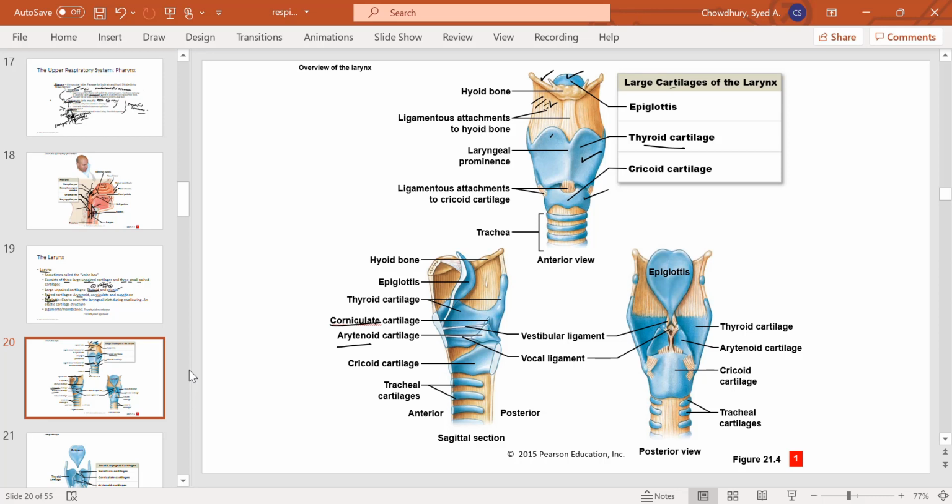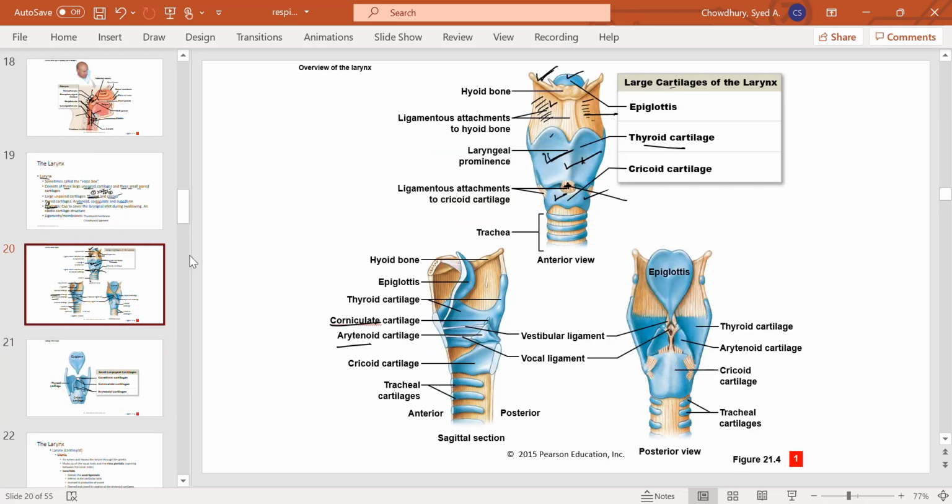This one actually is a flat membrane-like ligament, that's why it is called a membrane, and between the thyroid cartilage and hyoid bone, that's why it is called thyrohyoid membrane. Makes sense? And this one is between cricoid and thyroid cartilages, that's why it is called cricothyroid ligament. So this is cricothyroid ligament and this is thyrohyoid membrane.